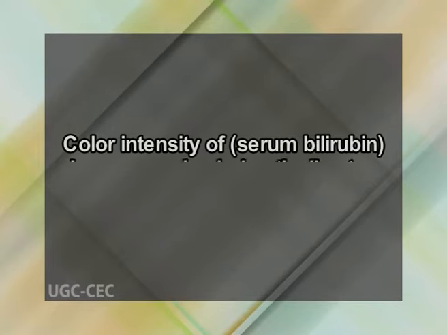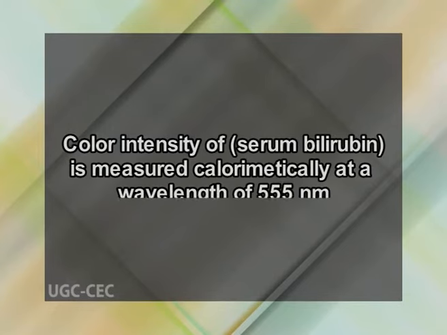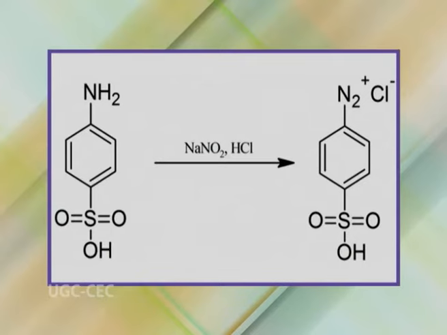The common method of measuring serum bilirubin level is the diazo method, using diazotized sulfanilic acid to convert bilirubin into an azobilirubin, the color intensity of which is measured colorimetrically at a wavelength of 555 nanometers. The conjugated bilirubin reacts directly with the diazo sulfanilic acid in an aqueous medium and hence is also called direct bilirubin.